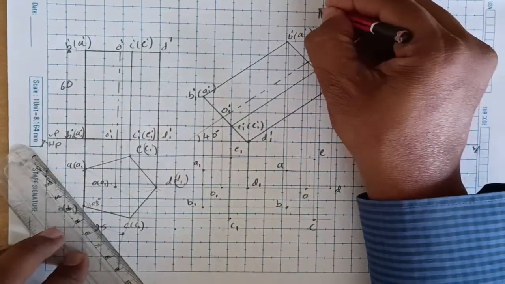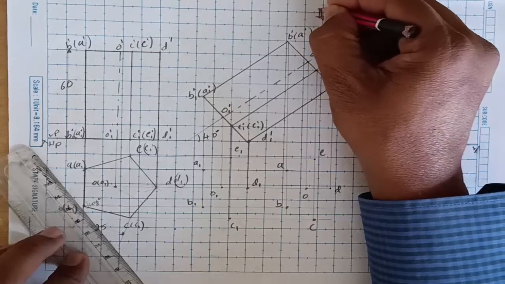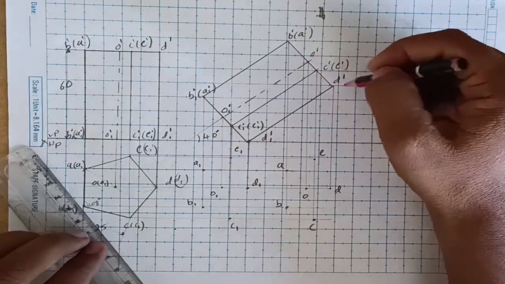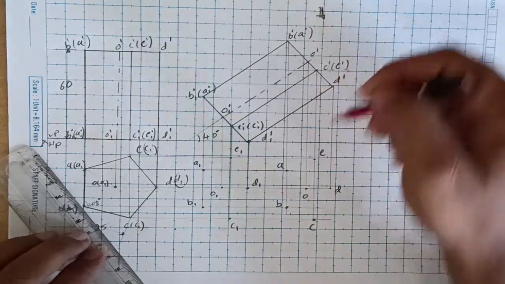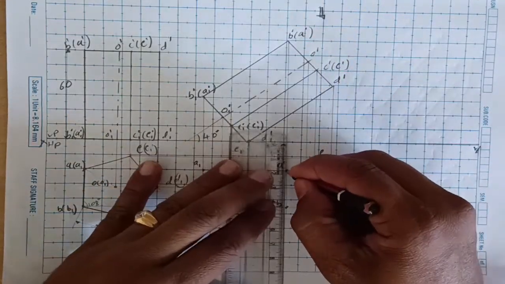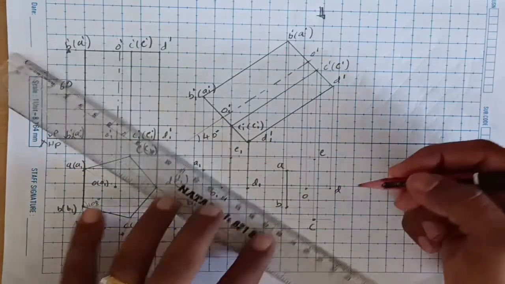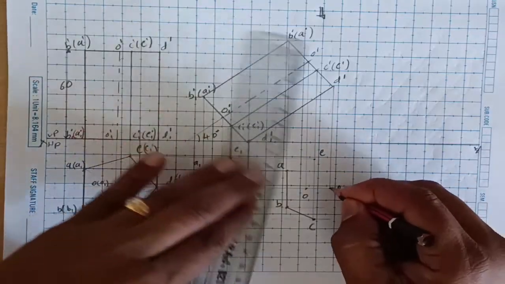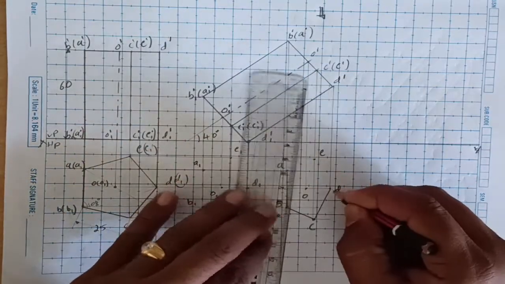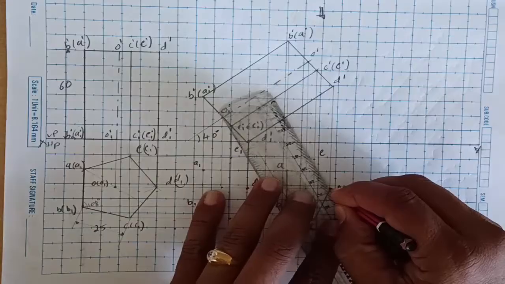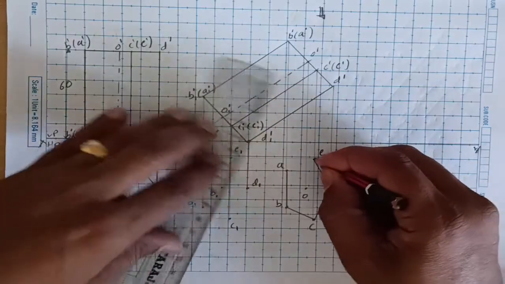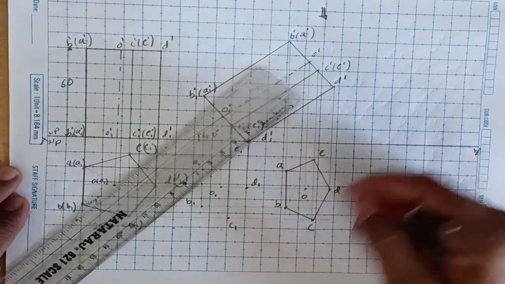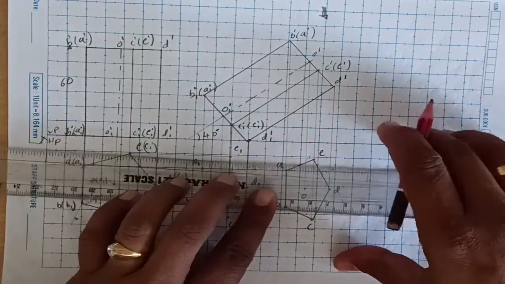As well, we need to check from the top. So which face comes first, we need to make it visible. Here we are getting A, B, C, that is A dash, B dash, C dash is first. So here I need to join A, B, C, D, E will be visible line. That is A to B, and B to C, and C to D, D to E, and then back to A. Like this we need to make visible the first face, and then we will finish the borders.